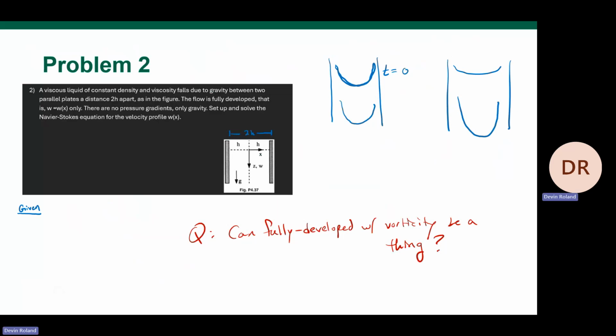The flow is fully developed. That means that W is only a function of x. This bit right here, W is only a function of x, that's important. So that is the picture on the right-hand side.